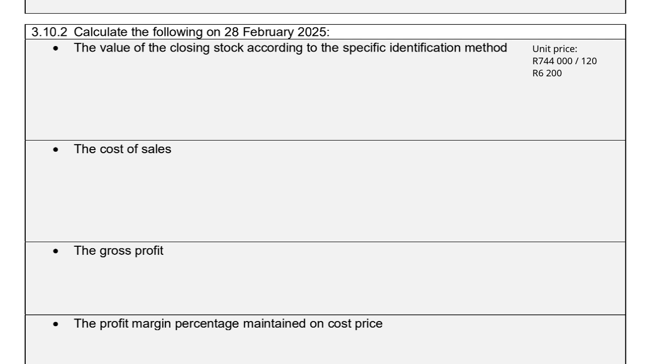So now we've got the unit price for our opening stock as well as all our purchases for our different TVs. Then we work out the difference between purchased and sold. So for the opening stock we had 120 purchased, we sold 110, so there will be 10 TVs. For 15 June's purchases, it will be 140 minus 110, which is 30.